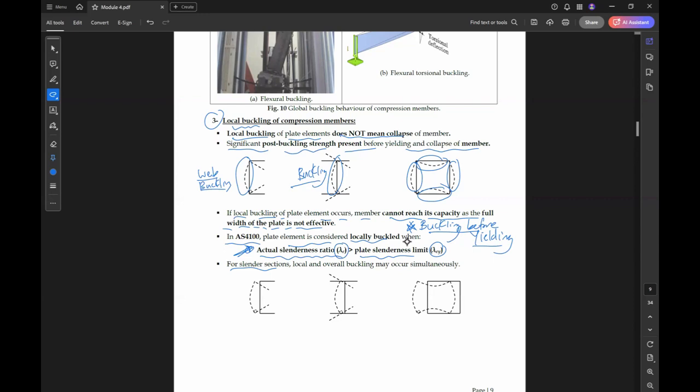For slender sections, local and overall buckling may occur simultaneously, so you can have global and local buckling at the same time. For example, here we have lateral movement and also buckling of the web. So we have lateral displacement and local buckling, a combination of global and local buckling.